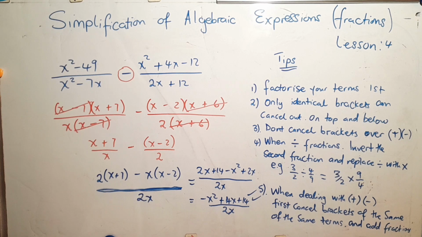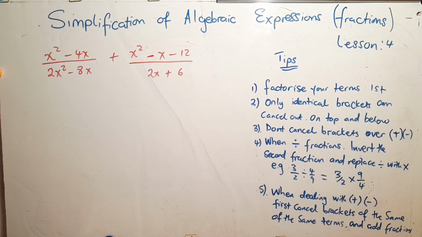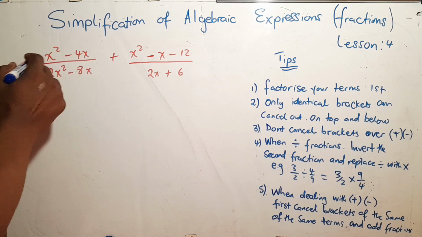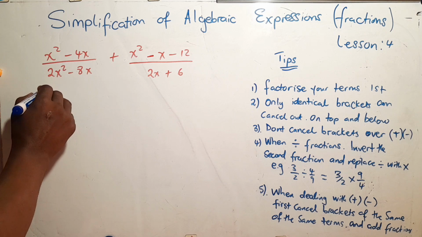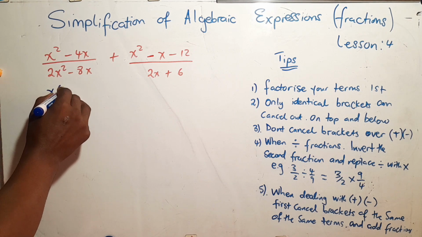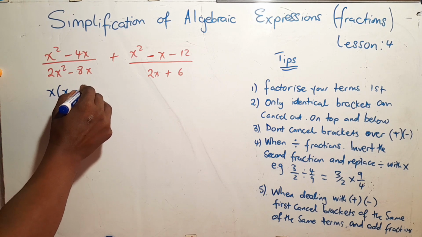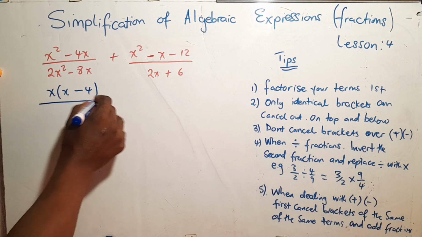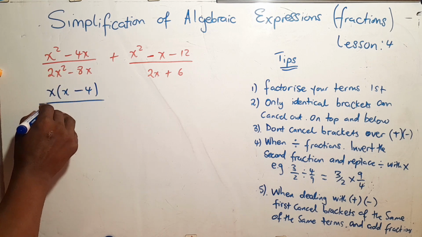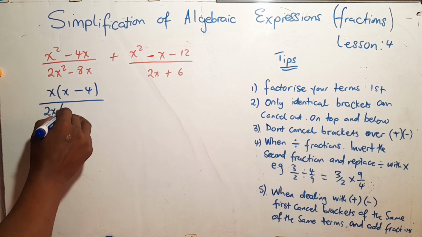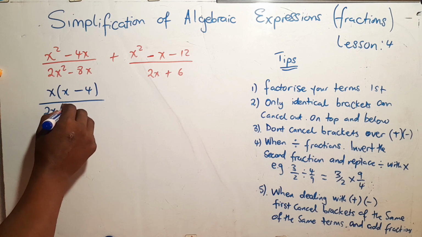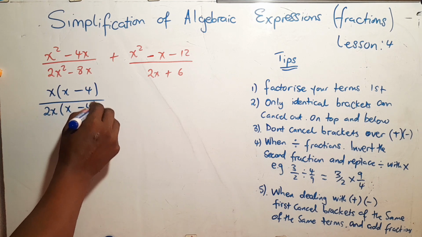So maybe another example before we call it a day. So let's take a look at our last question that we're having on simplification. So here you can check the common factor, which is x, so that will be x, and we'll be remaining with x minus 4. And here our common factor is 2x, so if we factor out 2x, we'll be remaining with x minus 4.